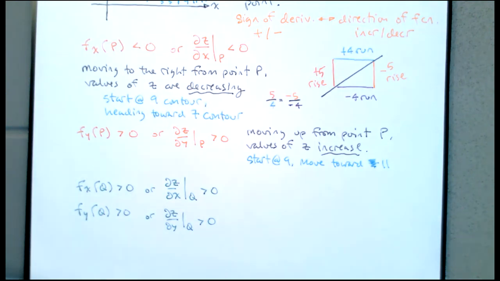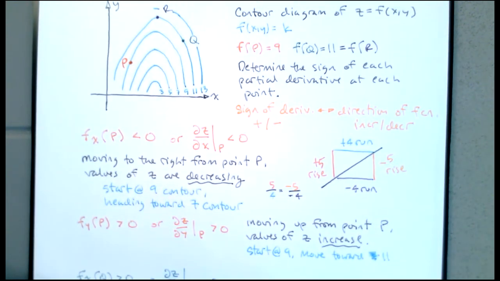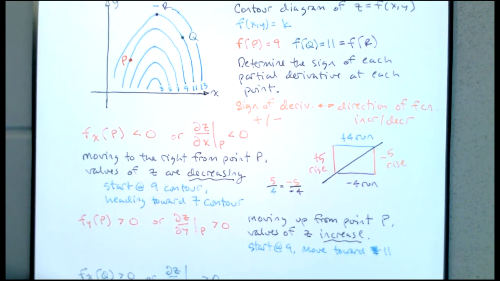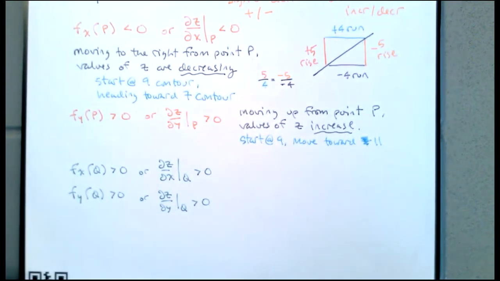All right, let's take a look at the point R. I tried to draw R at the vertex of the parabola, that's the 11 contour. So if I draw this and it looks like R should be at the vertex, it would be cheating for me to say, oh no, it's actually a little bit to the right of the vertex.